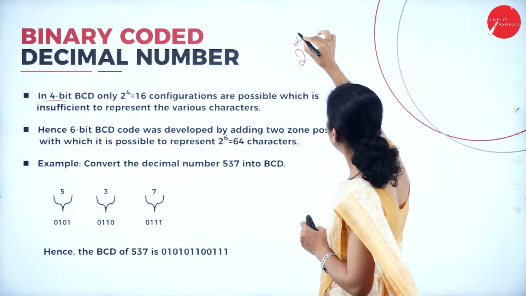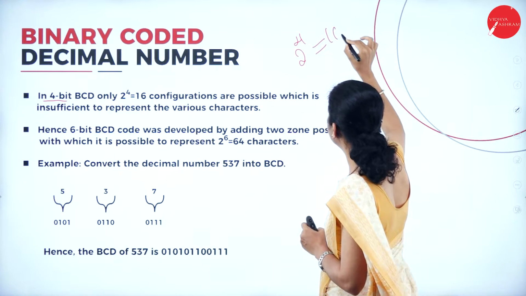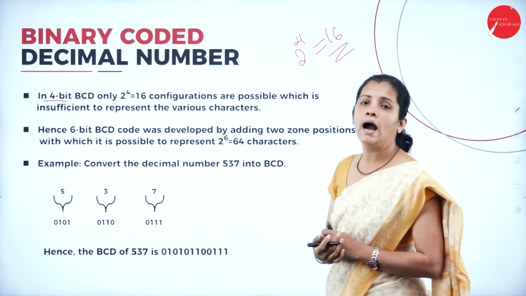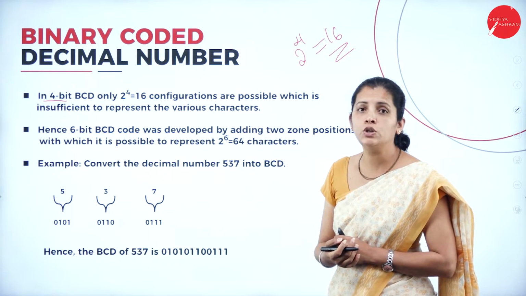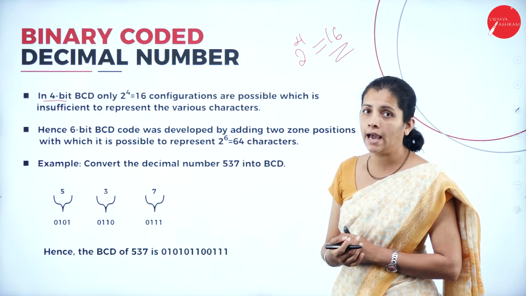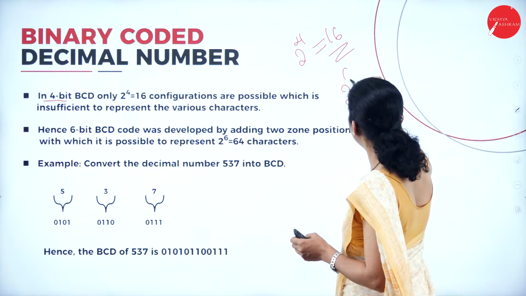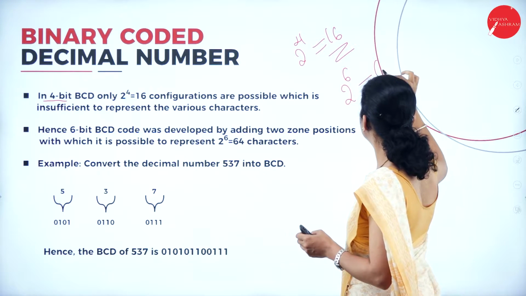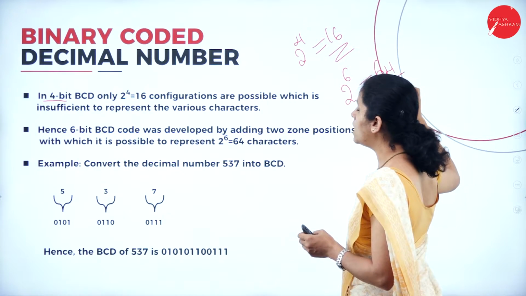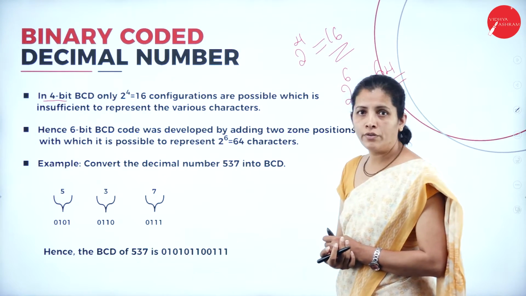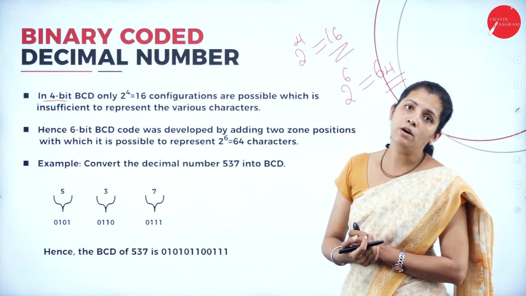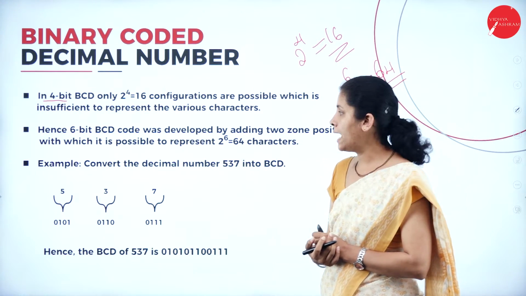Now if I consider a 4-bit BCD number, then I can have only 16 configurations, that is 2 to the power 4 equals 16 configurations, and it is insufficient to represent all the characters. For that reason, I am going to have 2 to the power 6, which is 64. So I am going to have 64 configurations so that I can represent all the characters.